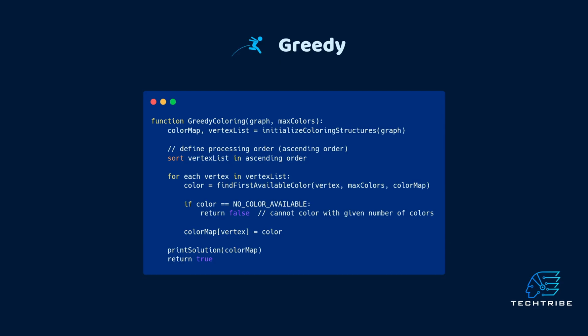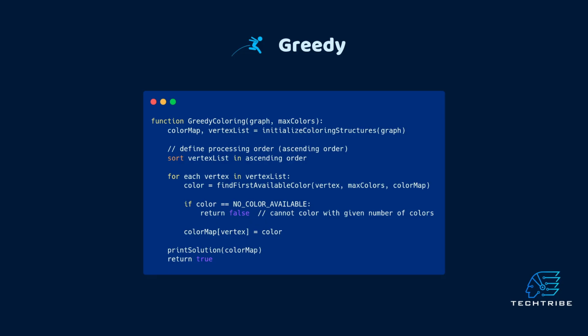We initialize a color map and get the vertex list, just as in the previous backtracking algorithm. We will then sort the vertex list in ascending order, and for each vertex in the vertex list, we will get a color, which will find the first available color by passing the current vertex, the maximum number of colors, and the colored map.